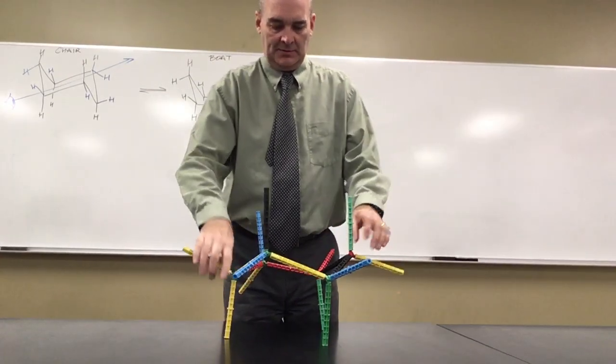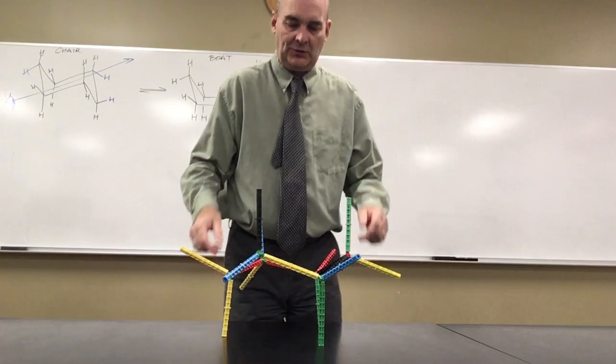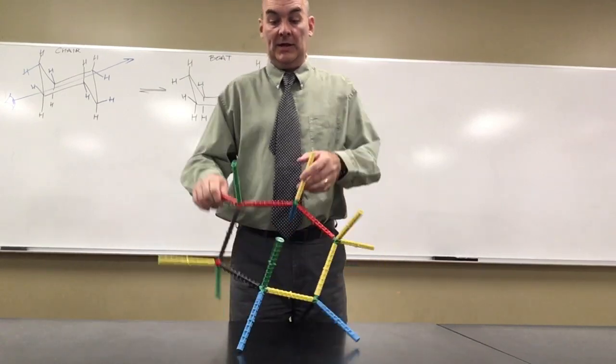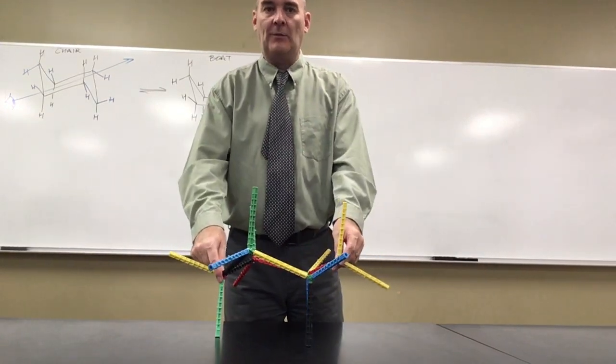His chair, back, the seat, the front, sits on 3 axials, 3 axials the other way, and then the equatorials point outwards, they radiate out from that ring.